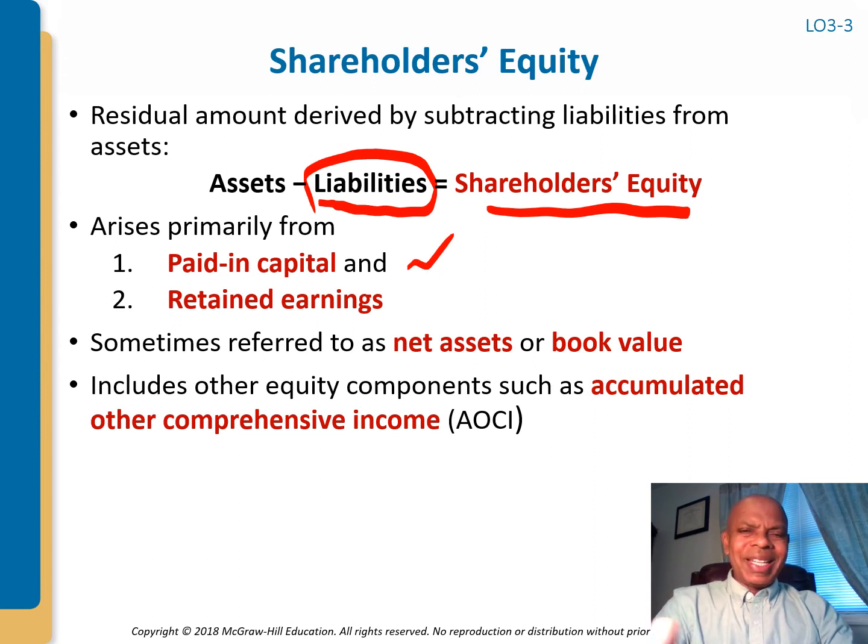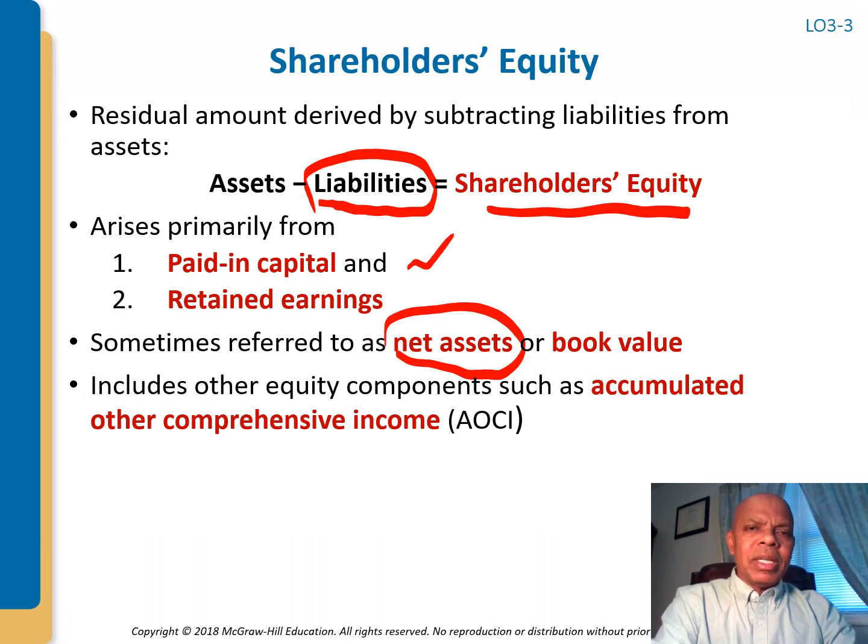Sometimes it's referred to as net assets or book value. Net assets means assets minus liabilities. Net assets is what the owners can take home. Just in case, suppose you're going to close down the business. You decide December 31st comes, we pay up all the liabilities, the current and the long-term liabilities, and what is left for us?